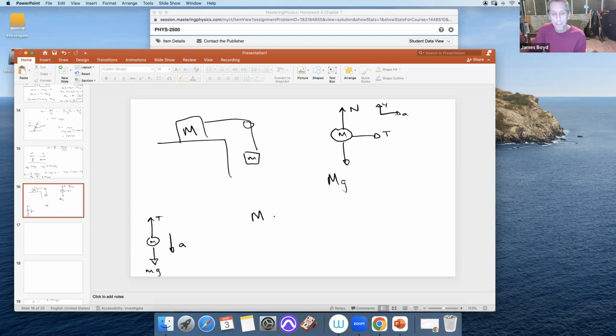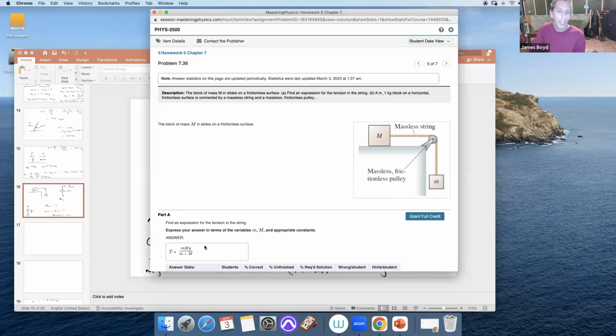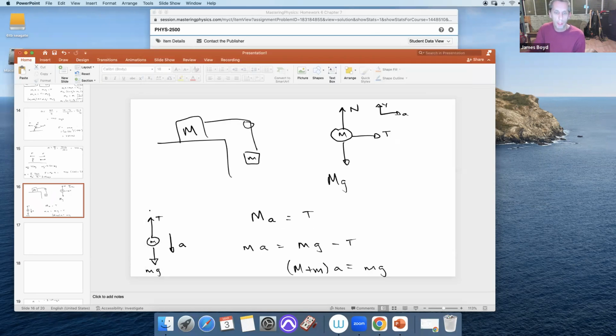So I get big M a is T, and little m a is little mg minus T. Adding those two things together, I get big M plus little m times a, the T's cancel, is little mg. They want to know what is the tension in the string.